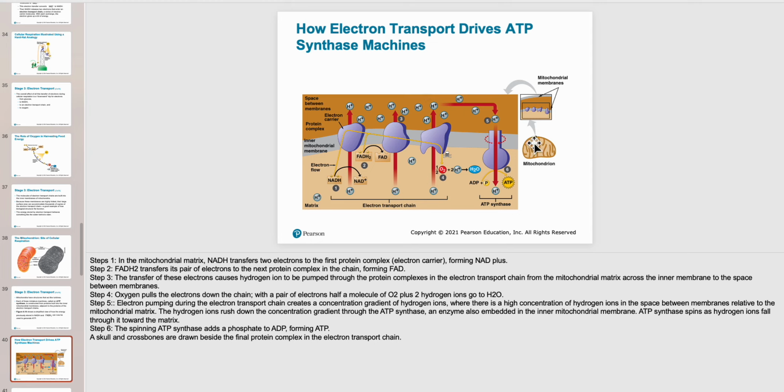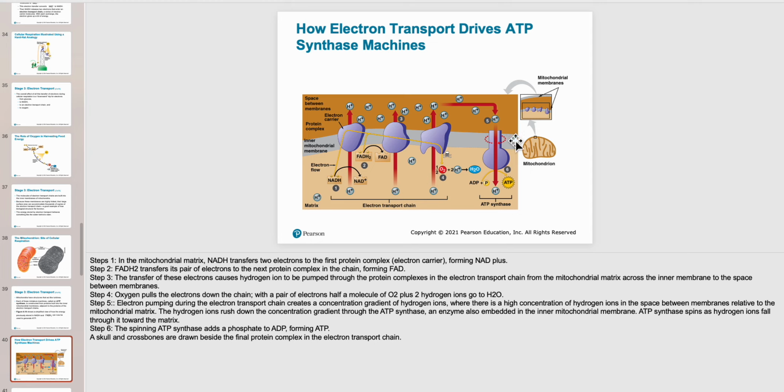So if you look on the far right, you actually see what looks like a generator, like a little turbine. And you can see how it's spinning here. This spinning thing is called ATP synthase. Yes, it's a membrane protein, so this is made out of a protein. And this ATP synthase spins.